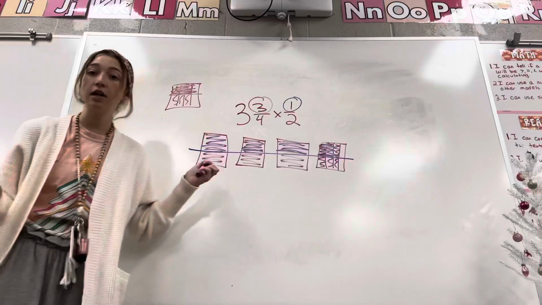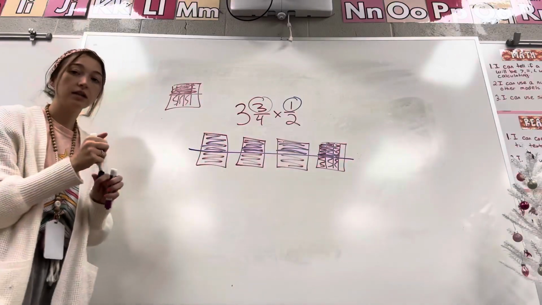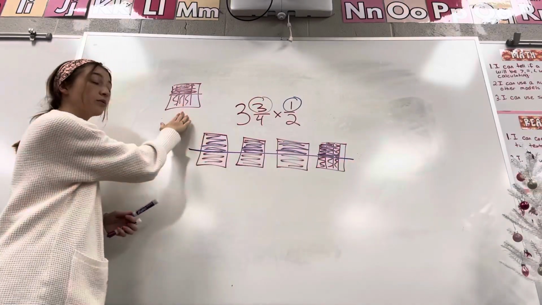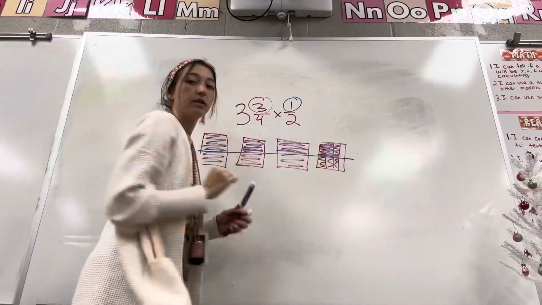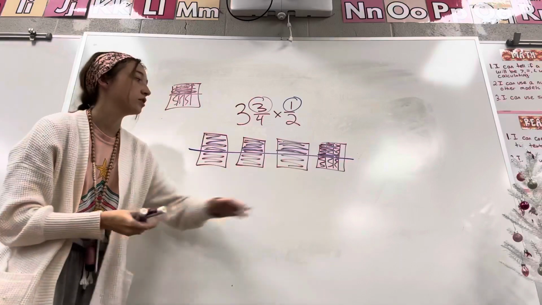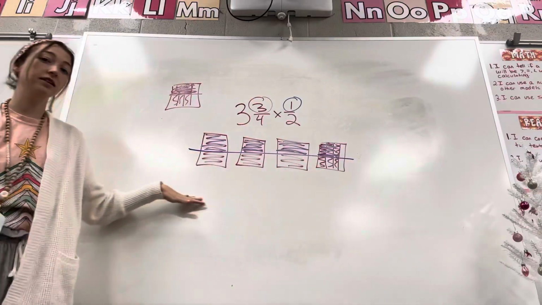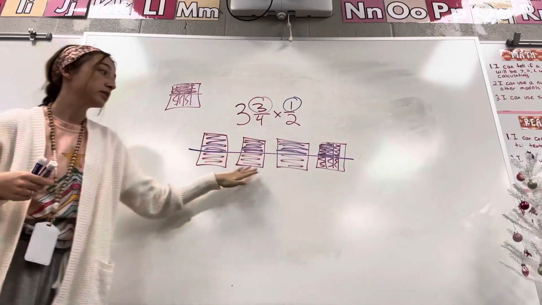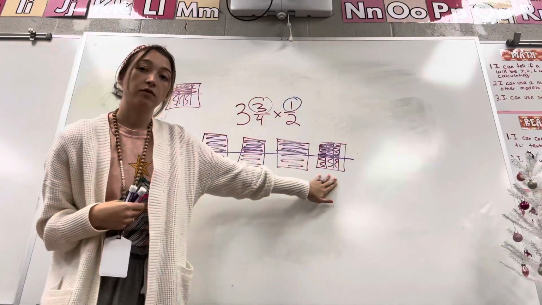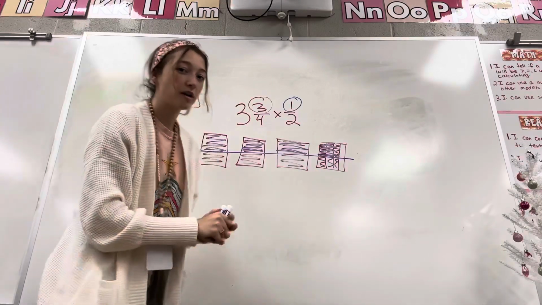Okay, that is how you model it. Like I said, it is just like what we did here, where the overlapping is your answer. The only thing that has changed is that we have added different wholes because we've got 3 and 3/4. So we need to represent 3 wholes and 3/4. Okay, that's the first way to do it.